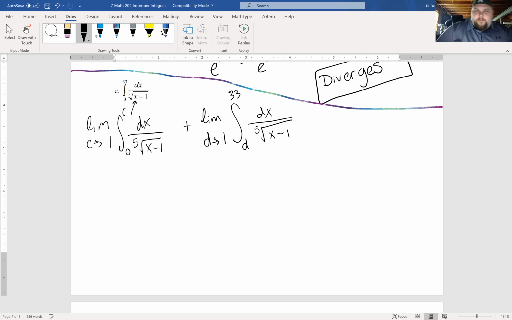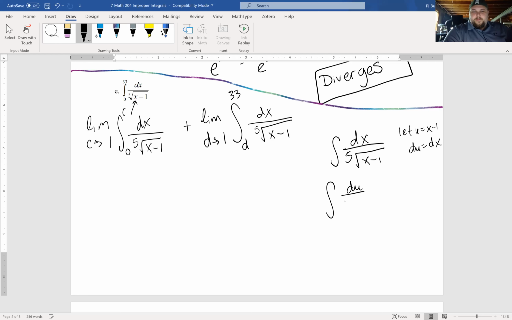So that's an internal discontinuity. Again, I'm going to solve the integral itself. So I have the integral of dx over the fifth root of x minus 1. This is a u sub. And it's going to be just the fifth root of u, or u to the 1/5.